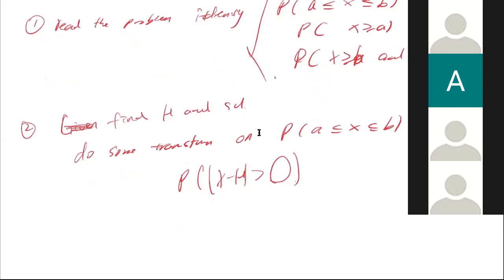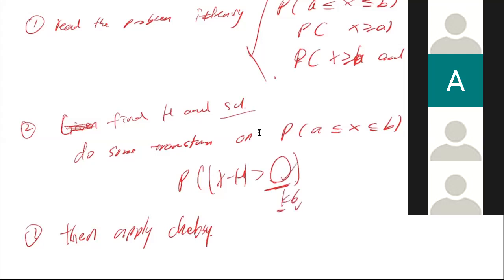So you want to transform into that, and then you can apply Chebyshev. Usually you're given SD so that you know this number is how much, so you know that this is k times SD. You're given this and you have already found this number, so you know what k is. So you can apply Chebyshev and find the bound.